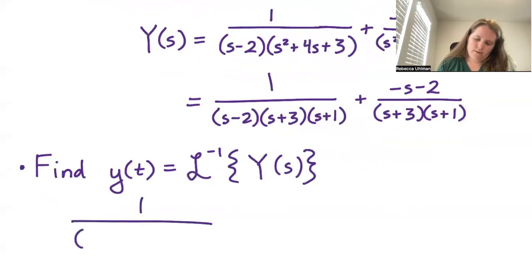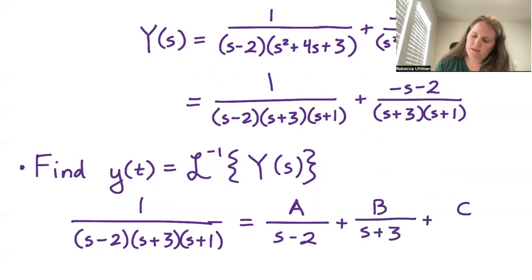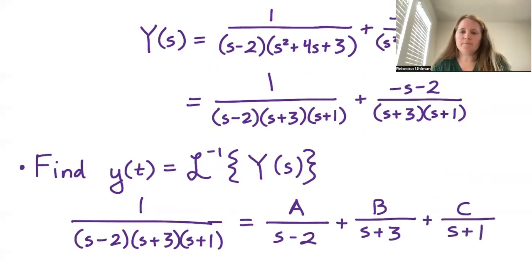So 1 over (s minus 2)(s plus 3)(s plus 1) we should be able to write as a over (s minus 2) plus b over (s plus 3) plus c over (s plus 1).